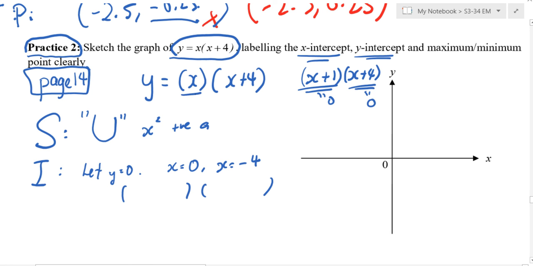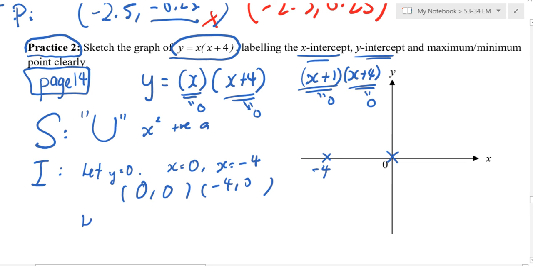This one is also the same: first bracket equals 0, second bracket equals 0. Just that the first bracket here has no number beside it, so actually it's just x equals to 0. So what's the first coordinate? 0, 0. What's the second coordinate? Negative 4, 0. If you want, you can really plot it down, then you won't get confused.